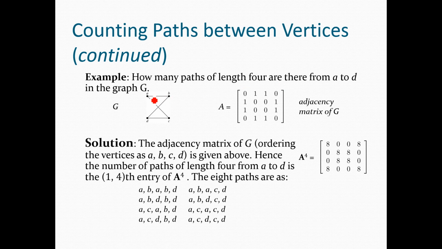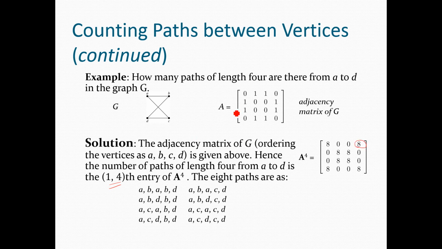So let's try to find paths of length 4 from A to D. According to the theorem, it must be the 1,4 entry of A^4, that is, row 1, column 4.